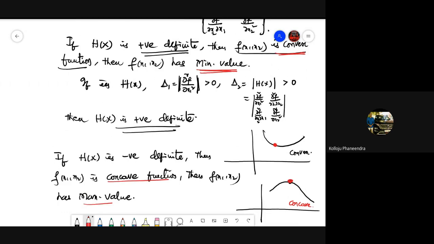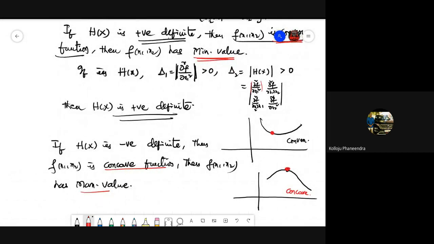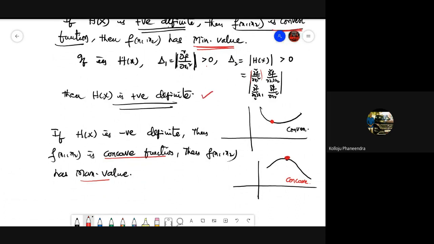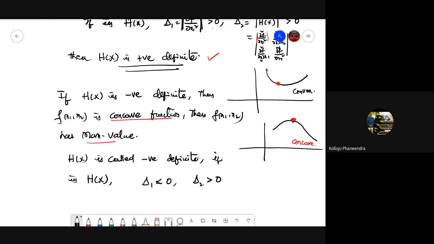Remember this point. And positive definite means what? The determinant of the first one by one, dou square f by dou x1 square, is greater than 0, and the determinant of 2 by 2 is greater than 0, all are positive. All the principal minors are positive, then it is called positive definite. Now coming to negative definite. H of x is called negative definite if in H of x delta 1 is negative, delta 2 is positive, and so on.